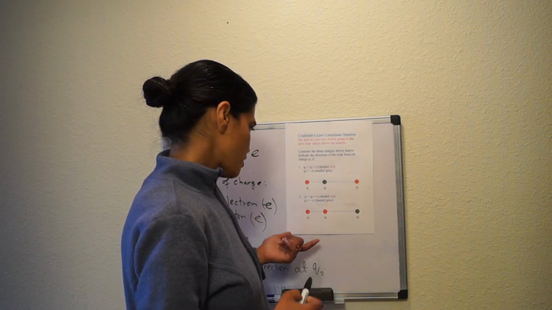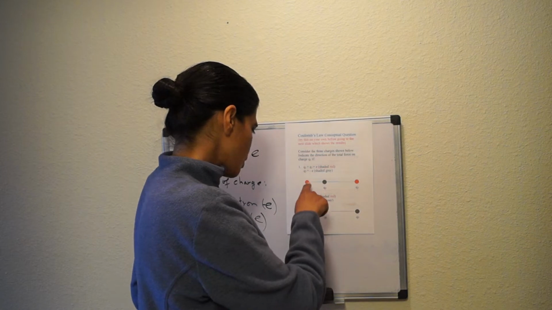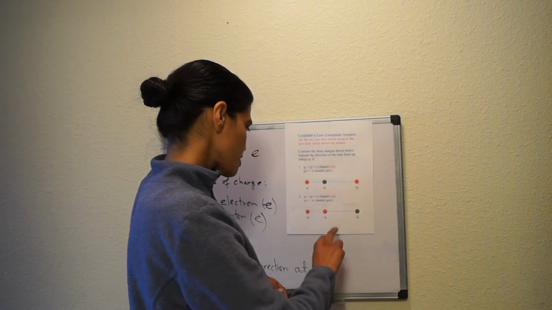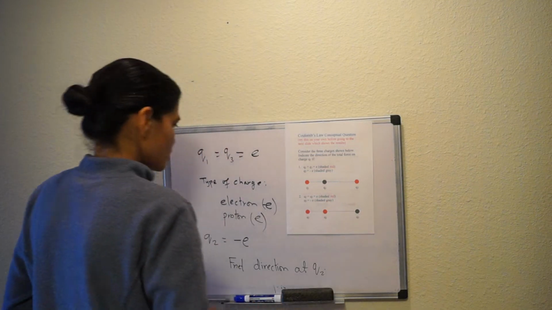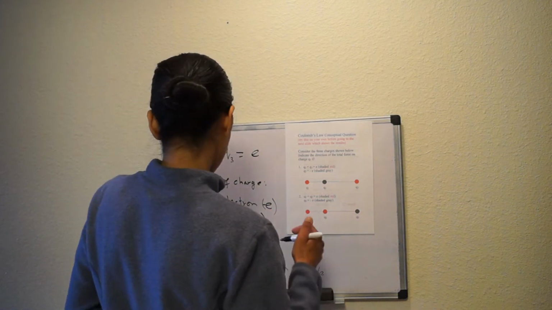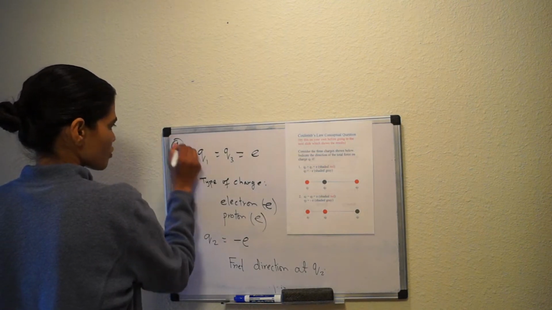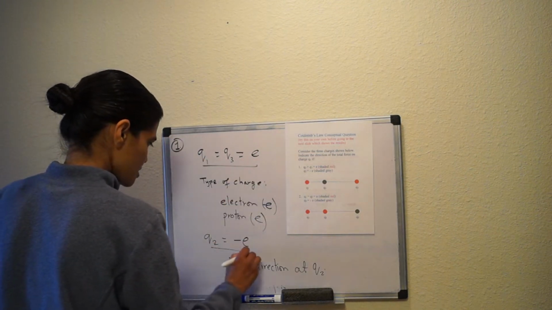Number two, now instead of having these two charges, Q1 is the same, nothing changes, we just swap Q2 and Q3. Okay, so what happens there? So that's the second part. This is the case for number one. Okay, so you want to look at this and then you look at this.